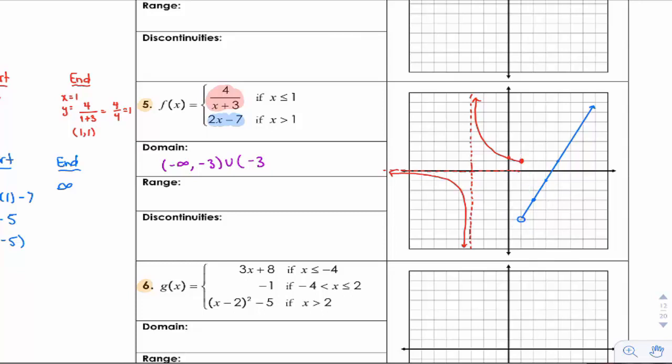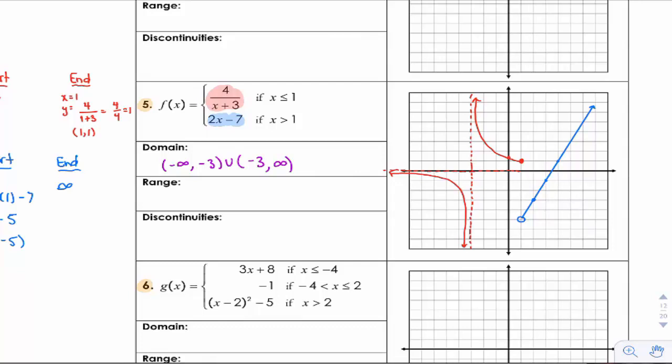I mean, I have a circle here, yes, or I have a hole down here, yeah, but that hole is filled by that other point. So my domain is just going to keep going all the way off to infinity. So it's negative 3 to infinity. I only have to jump over that vertical asymptote.